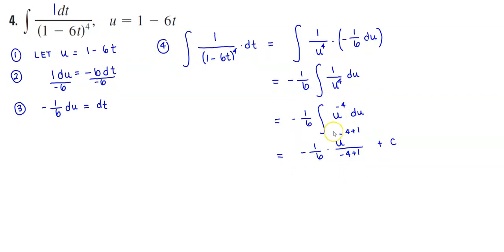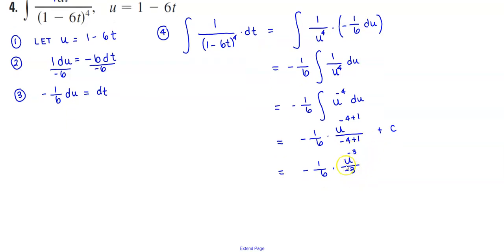So let's go ahead and finish this. So we have negative 1/6 times u to the negative 4 plus 1, which is negative 3, all over negative 4 plus 1, which is negative 3. Okay, so let's just rewrite this side here. Now keep in mind here that this entire thing is negative. So we know that this thing is negative, right?